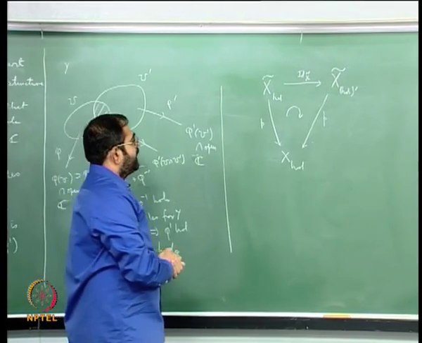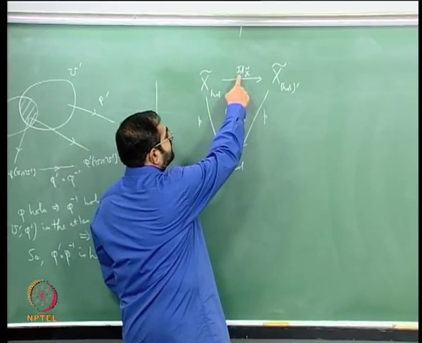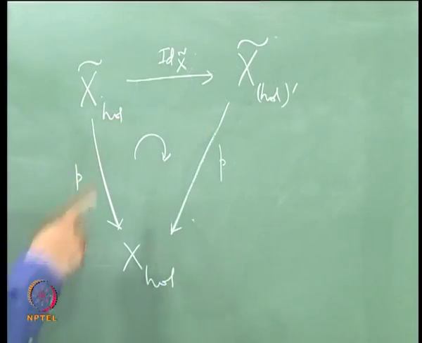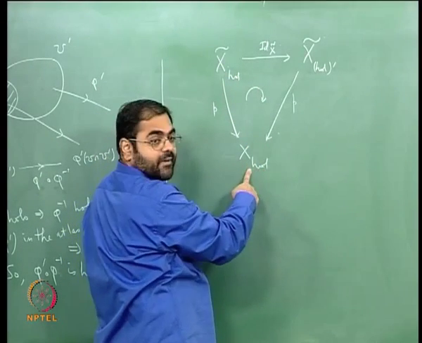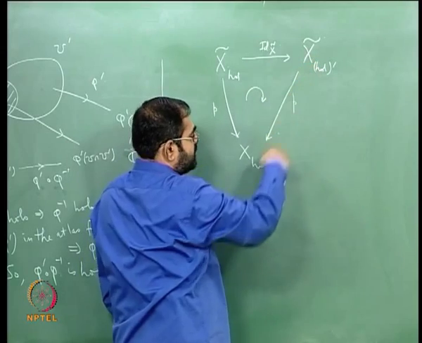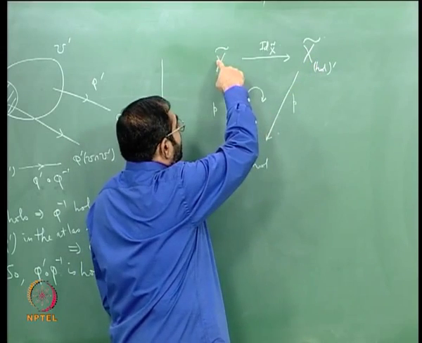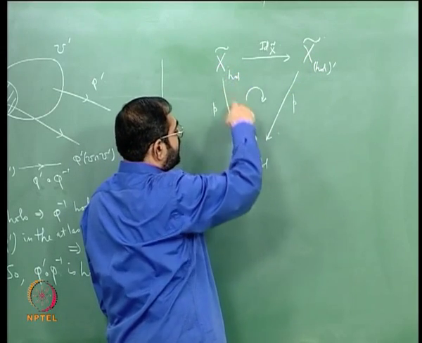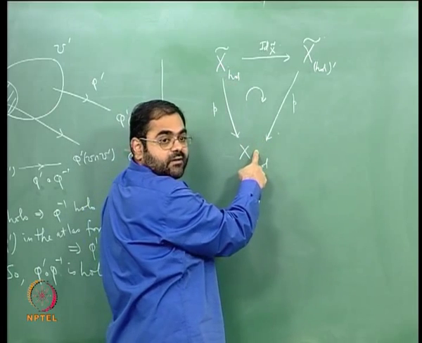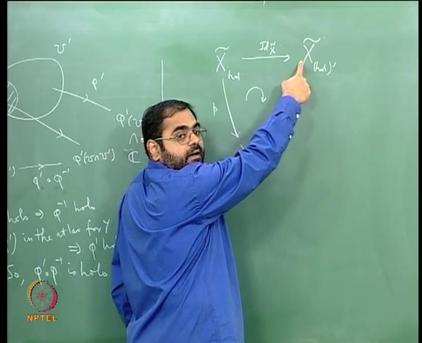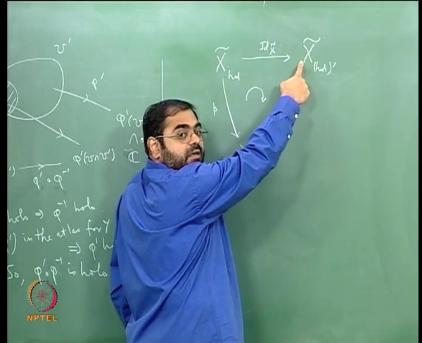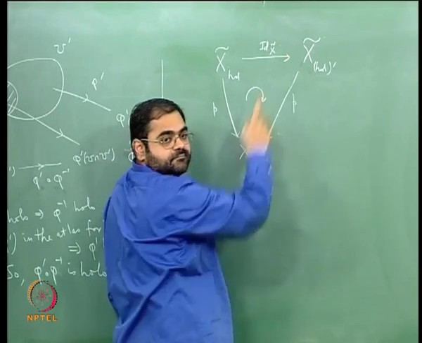The point I want to make is that this identity map on X tilde is locally biholomorphic, because this is locally biholomorphic and this is also locally biholomorphic. So I can go from a neighbourhood here to a holomorphically isomorphic neighbourhood here, and then go back to the same neighbourhood under this map.